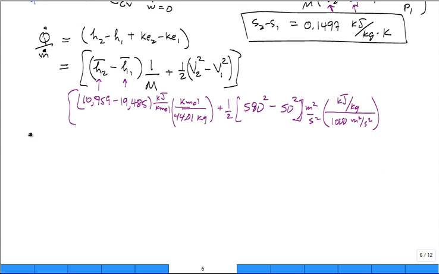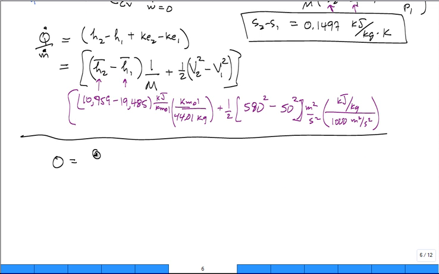So when we apply the second law, 0 is equal to Q dot divided by TB, that's Q dot in, the sign convention, plus the mass flow rate times S in minus S out plus sigma dot. All right? You like that second law?